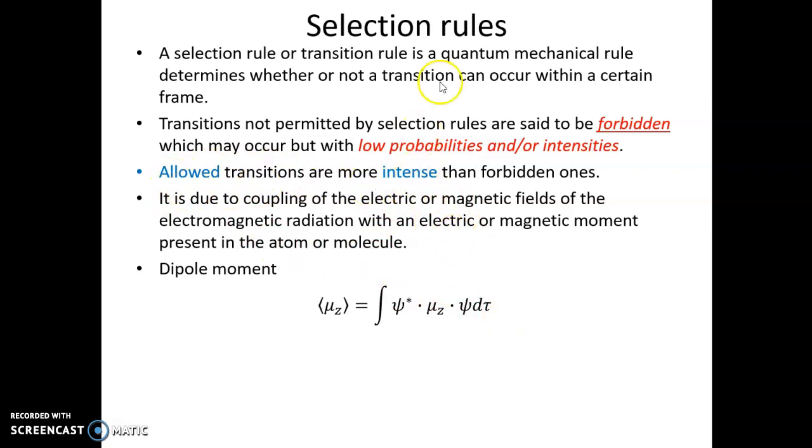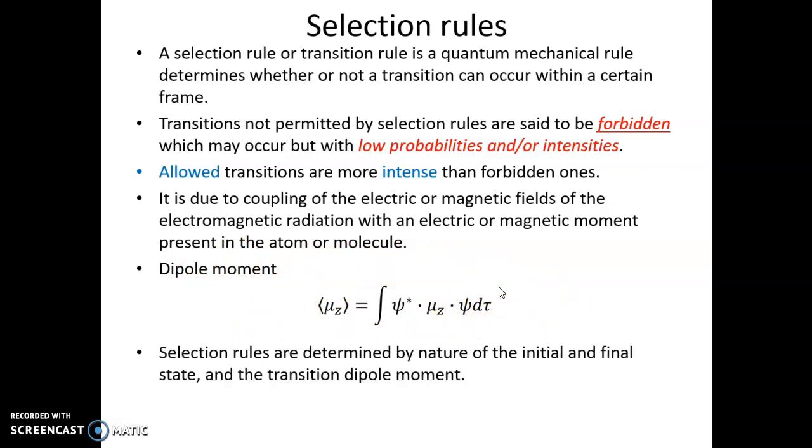Each transition, according to the selection rule, is related to the dipole moment present in the molecular state energy level and the two different states from which a transition is occurring. So a transition is occurring from a state represented by psi1 to a state represented by psi2. Now, the transition dipole moment connects the two together. If this is 0, no transition is allowed, or if it is very low, you have a transition of low intensity.